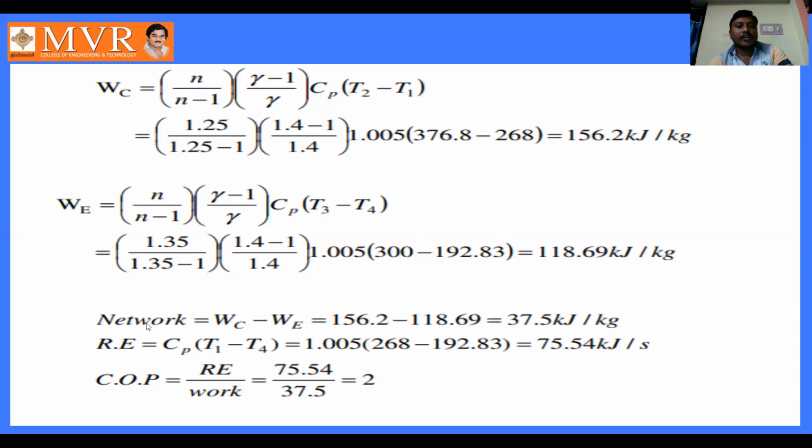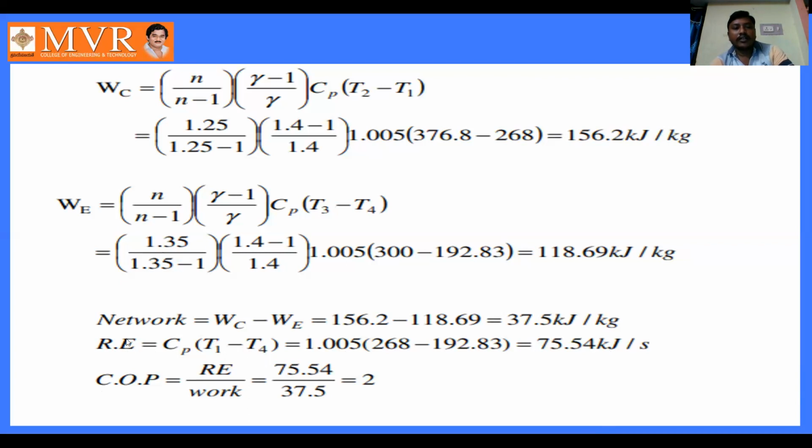We have calculated all this for getting the expression of the coefficient of performance. Coefficient of performance, COP, is equal to Q by W, that is heat absorbed divided by heat rejected minus heat absorbed. Hence, the refrigeration effect we have got here is 75.54, and I have substituted it from the above expression.